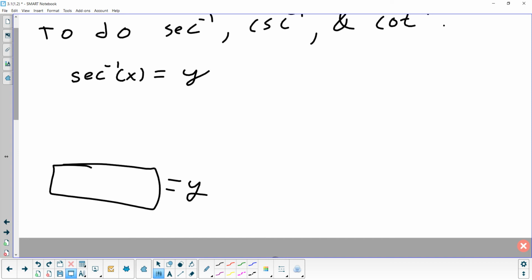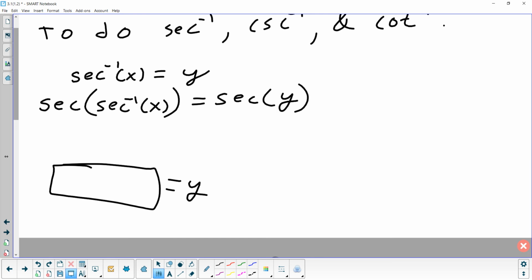So to figure out what the pattern is, we're going to do something to both sides of that equation. And we're going to start by taking the secant of both sides, the regular secant. So we're going to take the secant of everything that's on the left, and I'm going to take the secant of everything that's on the right.